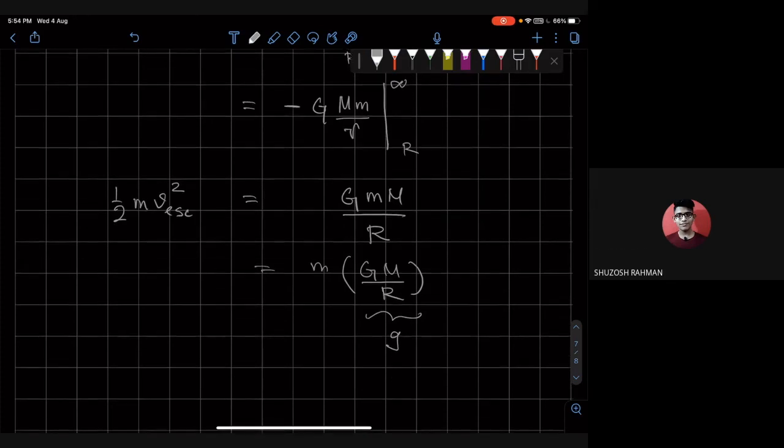I think mg is weight, right? Mg is weight, but shouldn't it be potential energy? Sorry, Moon, what are you saying? Okay, G is F over m, right? Oh yeah, sorry, there's an R here, right?